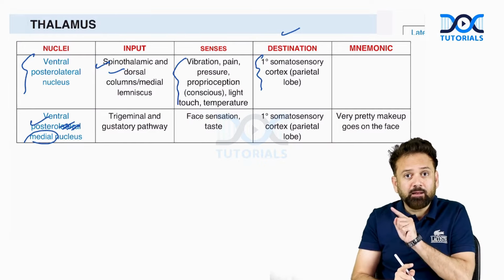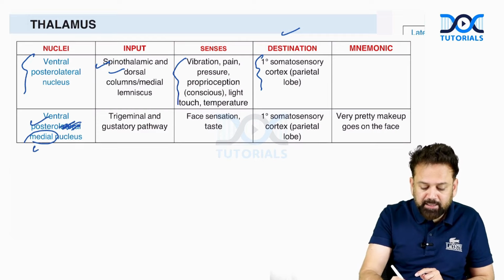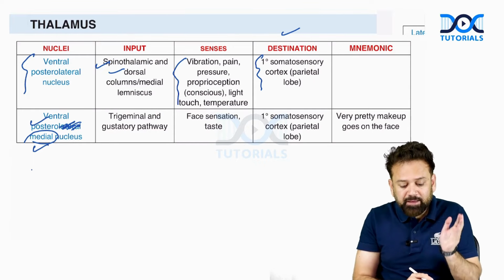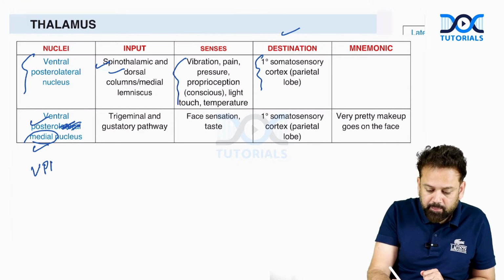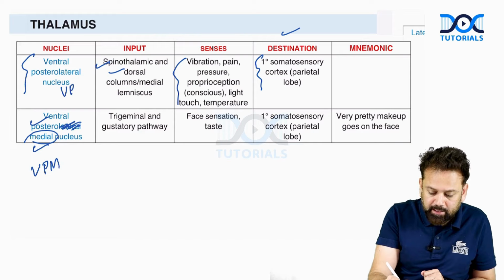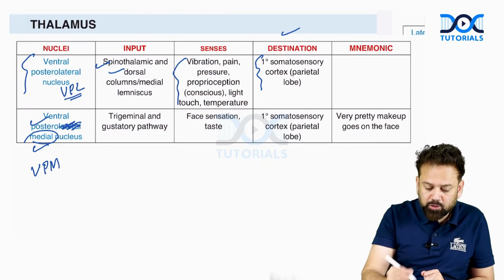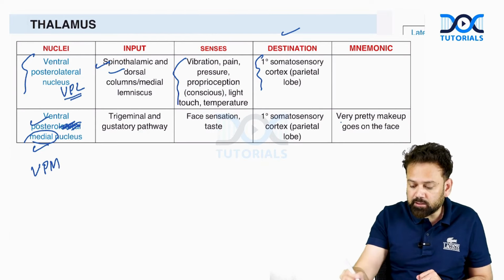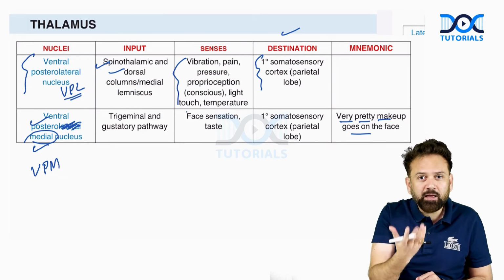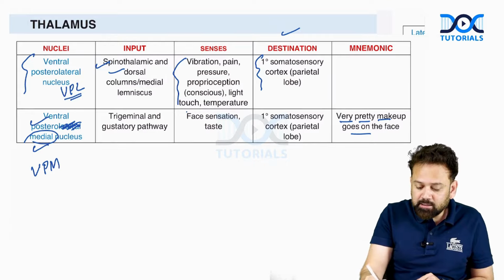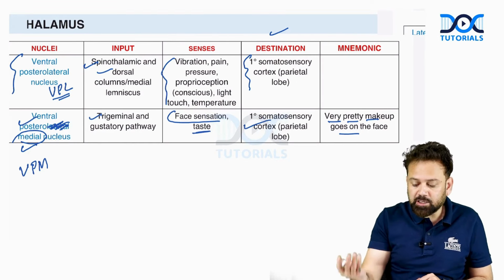That was VPL. Remove L, put M. It is VPM. Remember the mnemonic: very pretty makeup goes on face. Of course, makeup will be on the face. M for makeup. So it will carry sensation from the face as well as taste. Trigeminal and gustatory pathway. Destination is same.